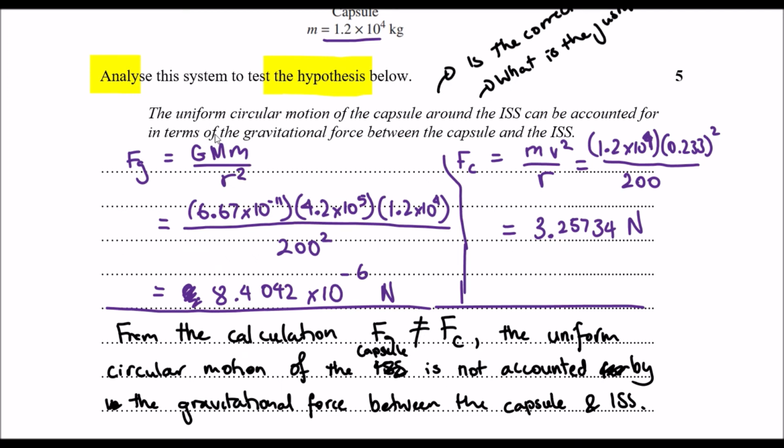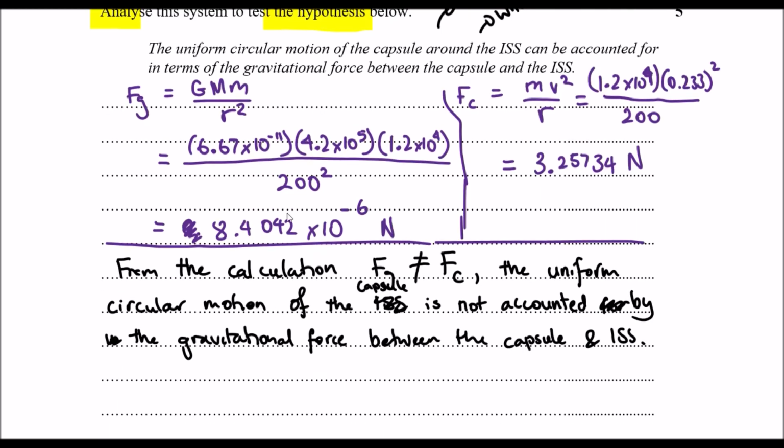And so what we can therefore say, the hypothesis would therefore not be correct. So the hypothesis would not be valid.